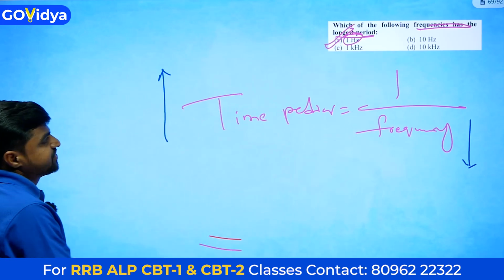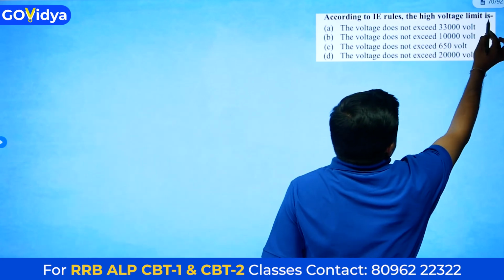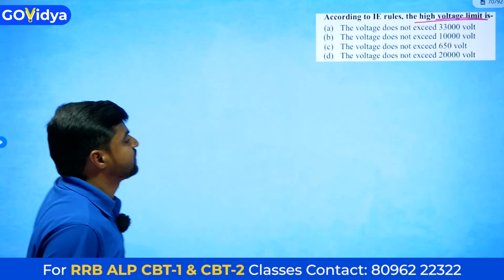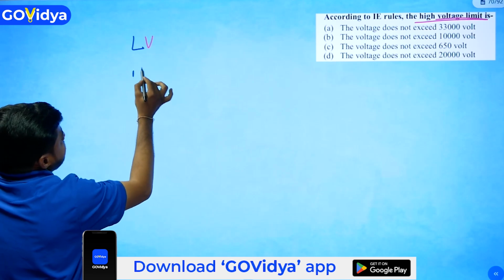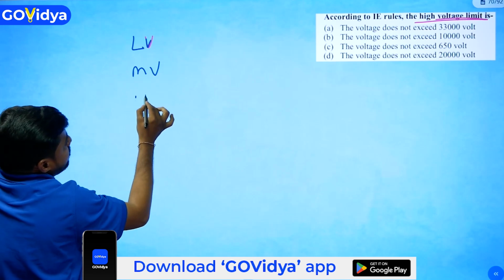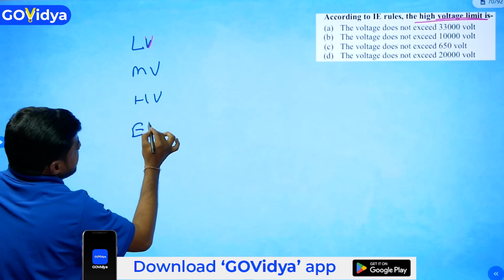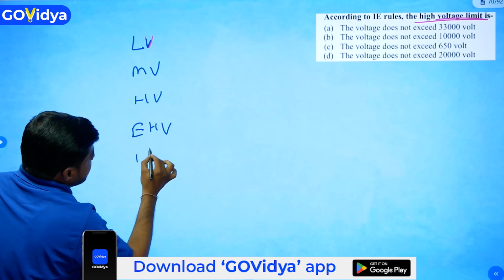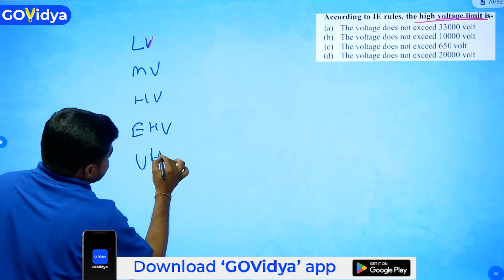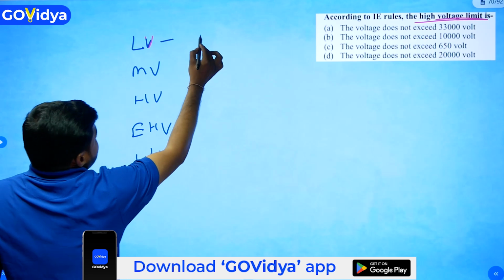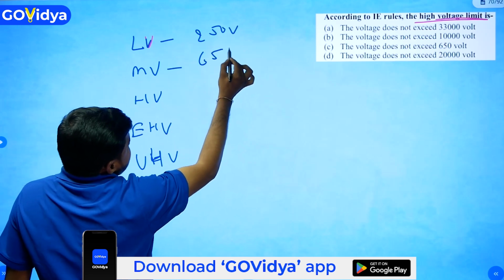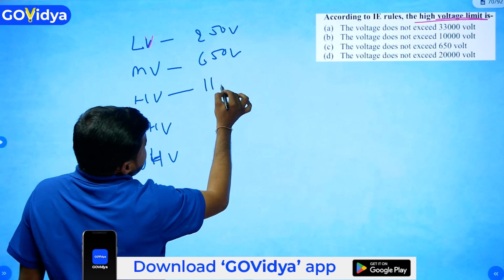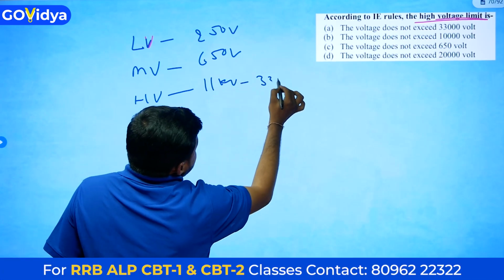Okay, next question. According to I rules, high voltage limit is? We have different types of voltage: low voltage, medium voltage, high voltage, extra high voltage and ultra high voltage. Low voltage is up to 250 volts, medium voltage is up to 650 volts, high voltage is 11 kV to 33 kV.